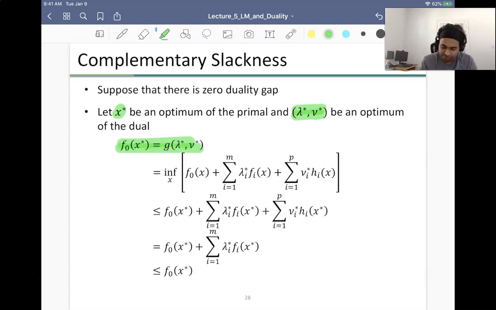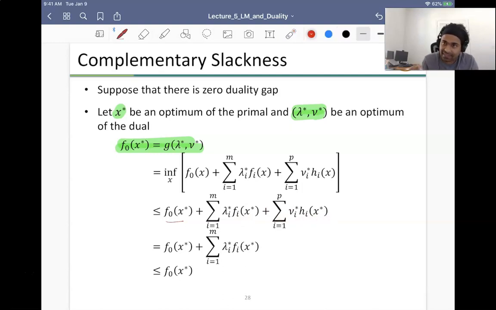Then you do the math and write down the dual as infimum over x of f0 of x plus so on and so forth, and this should be less than or equal to f0 of x star plus this term, which is lambda_i star f_i of x star, plus the constraints, which are basically equality constraints.